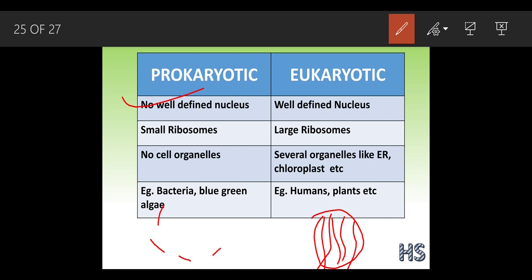Suppose this is an imaginary line I am making here. Inside this there are the chromosomes. As it does not have a well-defined nucleus, the chromatin is spread out here. But the eukaryotic cell has a very well-defined nucleus, so all the chromatin is perfectly arranged in this part.